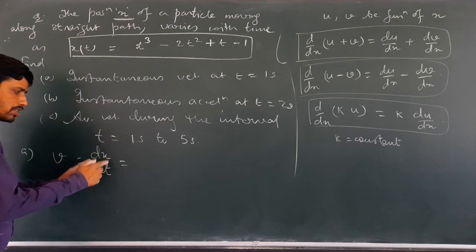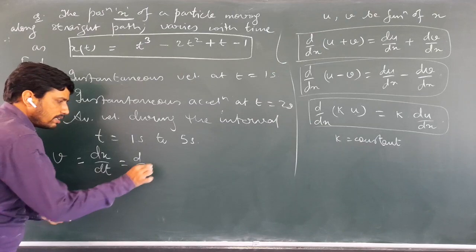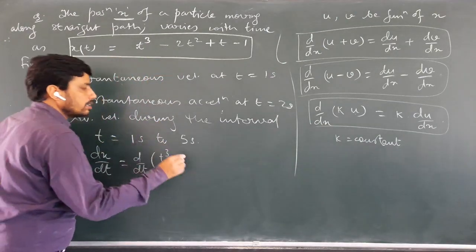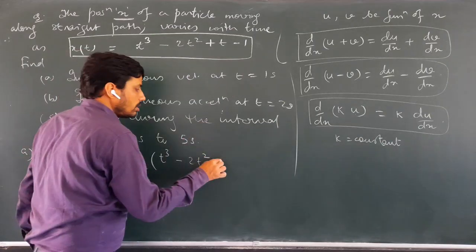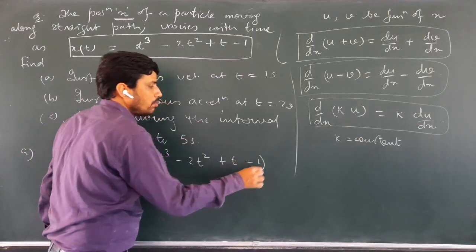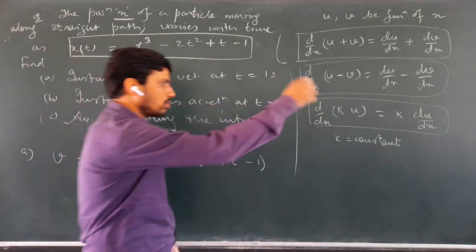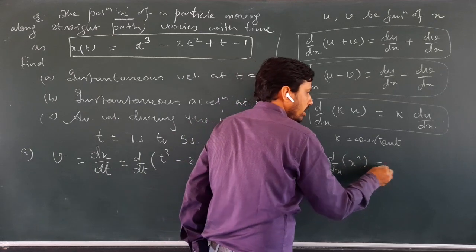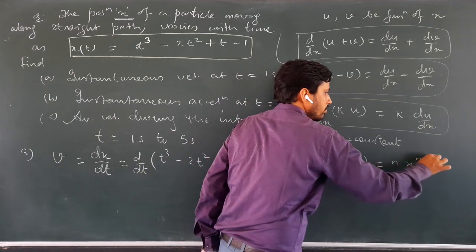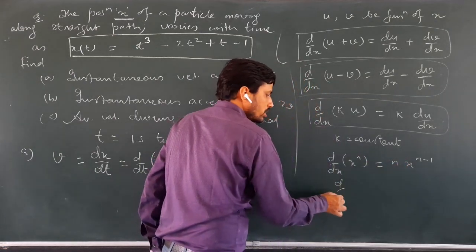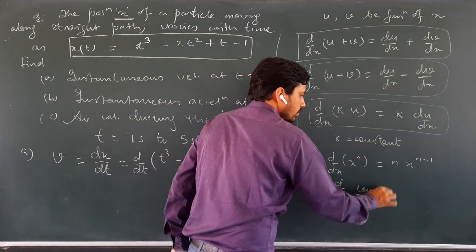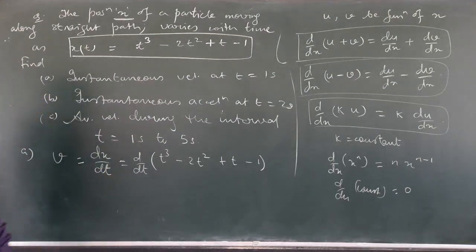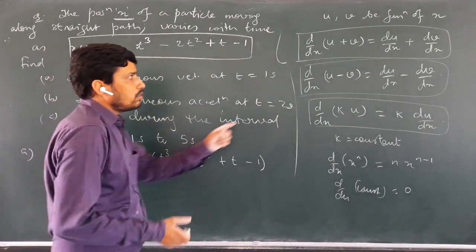Our instantaneous velocity is dx by dt, so this becomes d by dt of x. Put the value of x: t cube minus 2t square plus t minus 1. For your help, because this is the first class, let me remind you, derivative of x to the power n is n into x to the power n minus 1, and derivative of a constant is 0. In the next step, I'll use this particular rule.